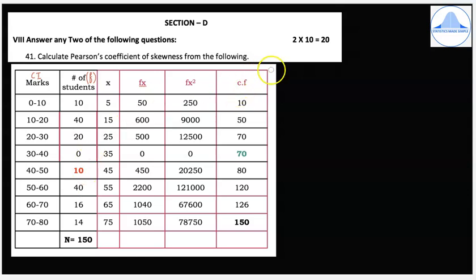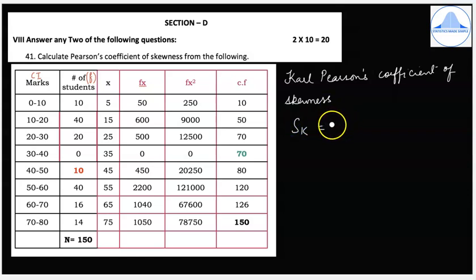So the formula which we have to use is Karl Pearson's coefficient of skewness, that is Sk is equal to 3 into (x bar minus M) divided by sigma.